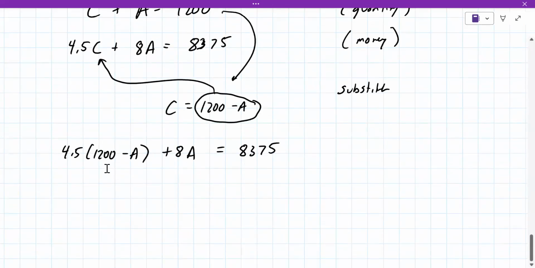Now we have to multiply this 4.5 into both. Can you tell me what 4.5 times 1,200 is? You have to multiply the 4.5 into both.